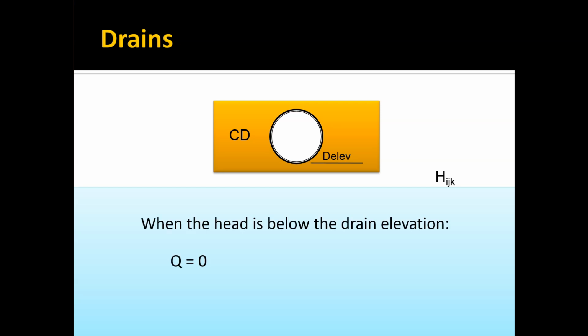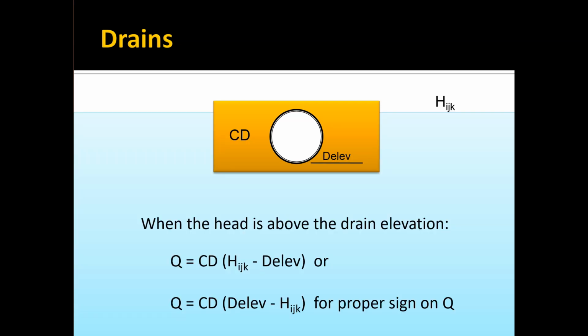Now, if the head in the cell is below the drain elevation, then the flow rate is simply 0. So if you think about it, let's back up a little bit. When the head is above the drain, the flow rate is the conductance times the head difference, and the greater the head difference, the greater the flow rate.